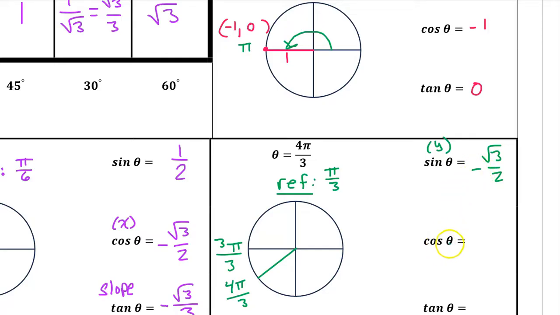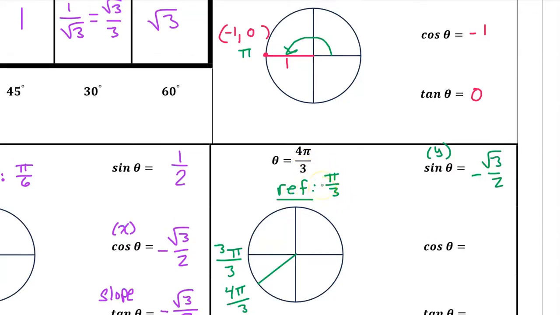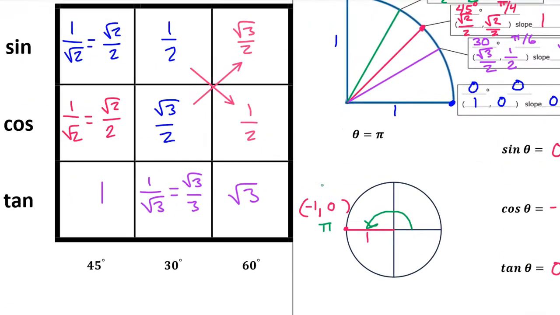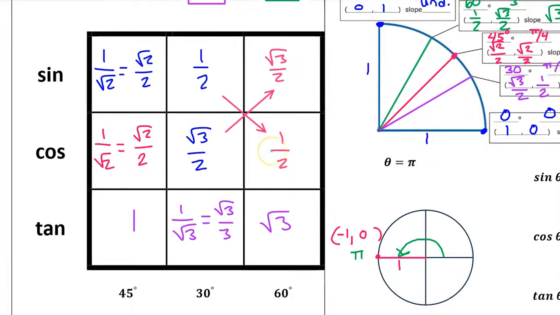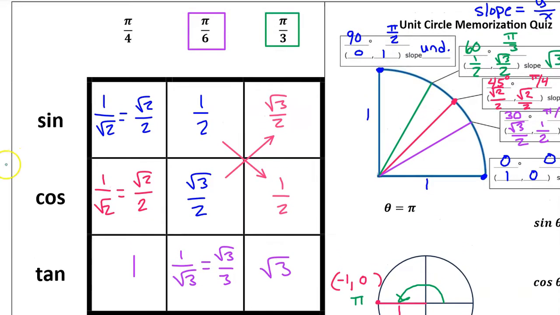If I want to evaluate the cosine of 4 pi over 3, I begin with the cosine of pi over 3. Hopefully you guys will memorize this quickly so I don't have to keep scrolling back and forth. The cosine of pi over 3 is 1/2.